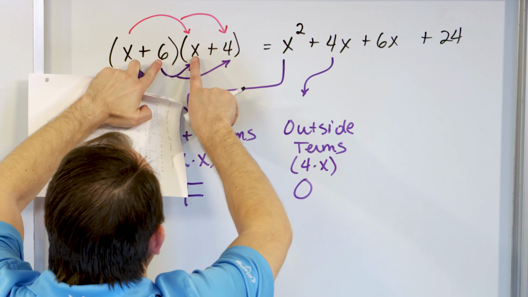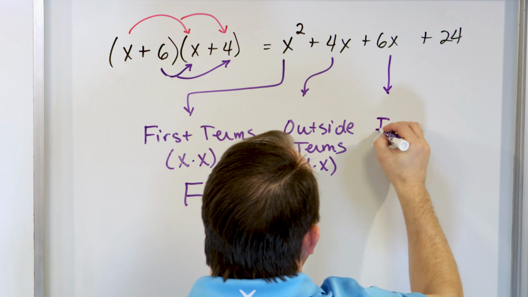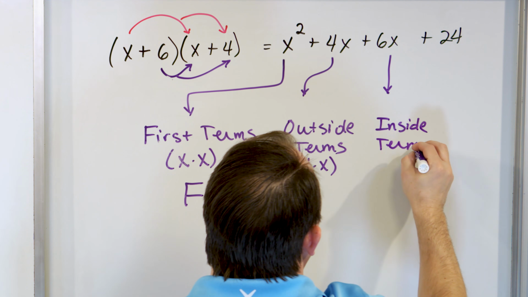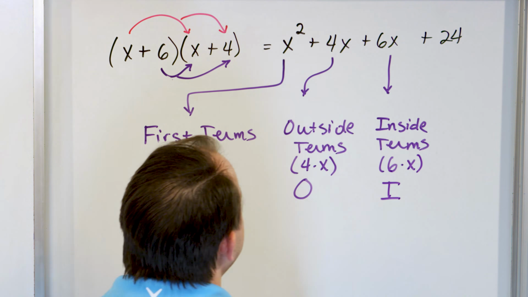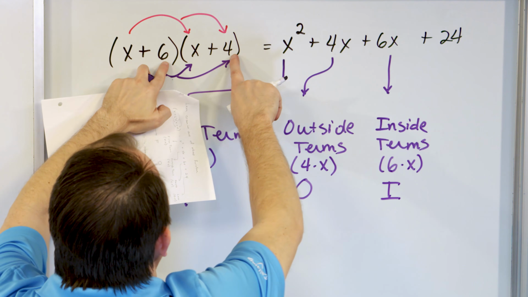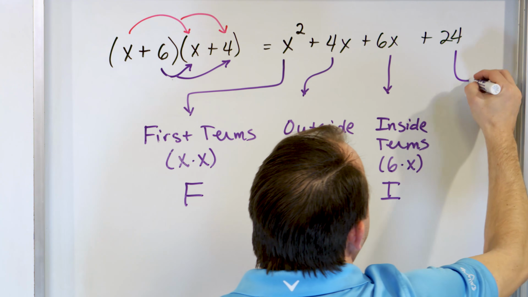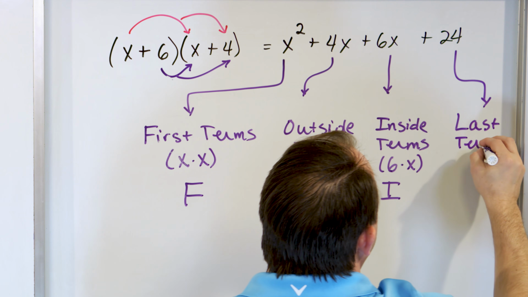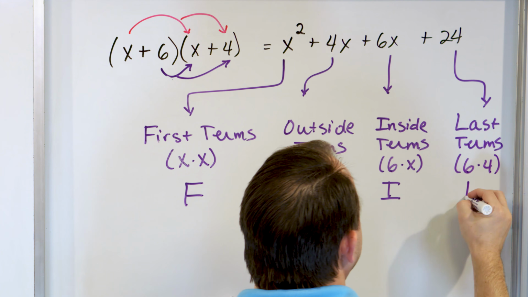These are the inner terms, the innermost terms. So we label this inside terms, 6 times x, and we call that capital I. And then these are the last terms in each of the 2 binomials, 6 times 4. So we label that the last terms, and it was 6 times 4.